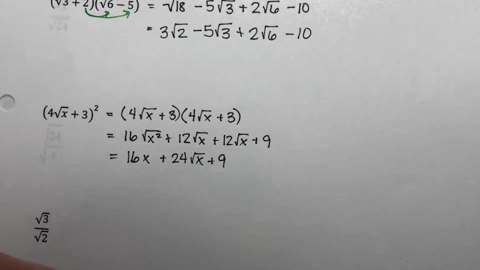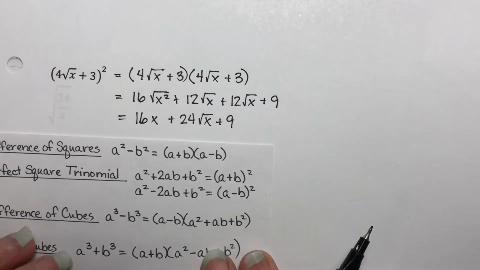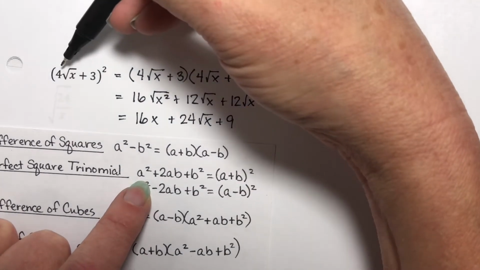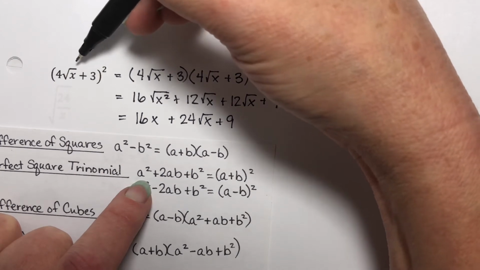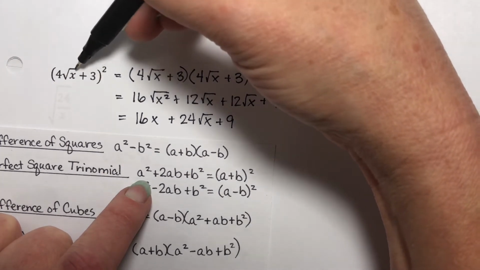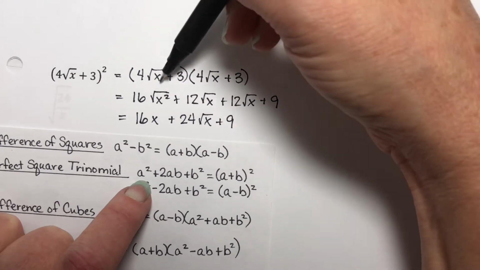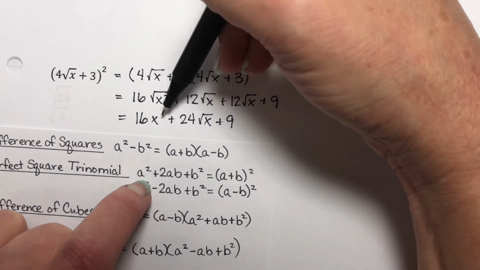Let's look at this in terms of the formula, and you can see that it's going to be true. This says you square your first term. If I square the 4, I get the 16. When you square a square root, you get the radicand, the thing underneath. So when we squared that, we got square root of x squared, which just gave me what's underneath. That's going to be an important concept in a later section.